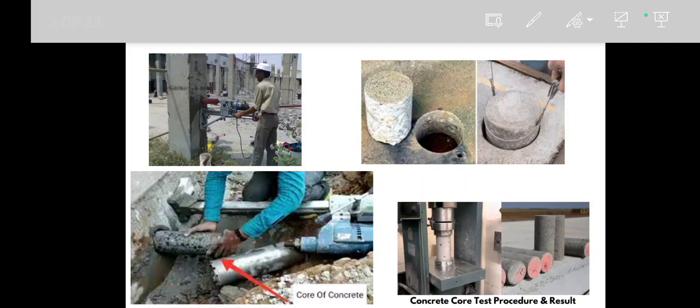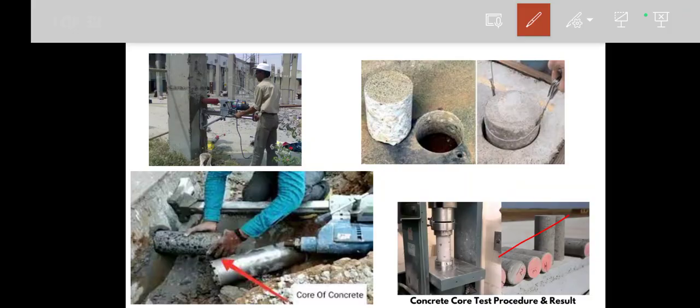You can see the picture of extracting a core from the column and other elements, trimming and testing in the lab like this. These are all called partially destructive testing. This type of test can sometimes result in structural failure. Structural cracks will develop because we are creating a gap in a structural member.